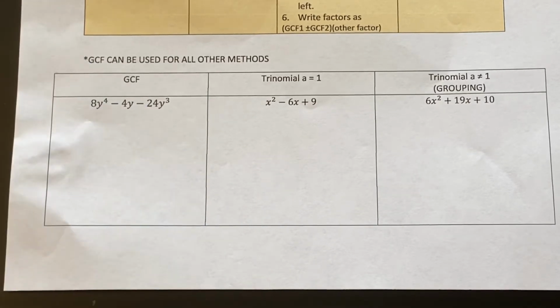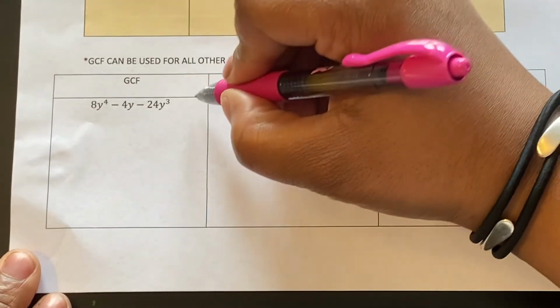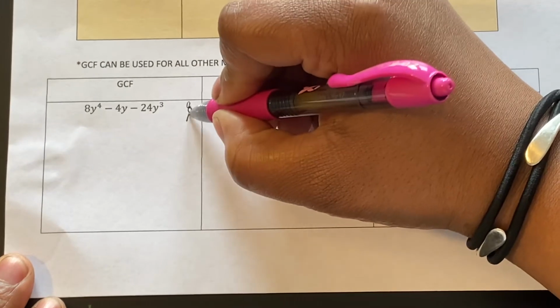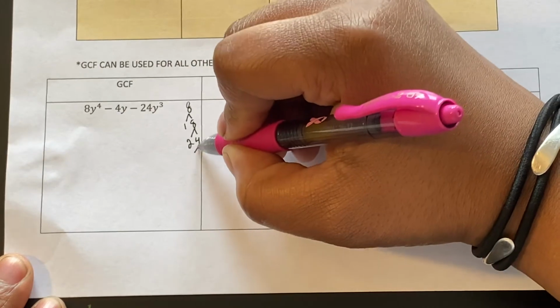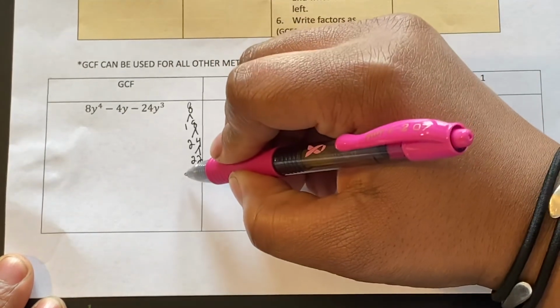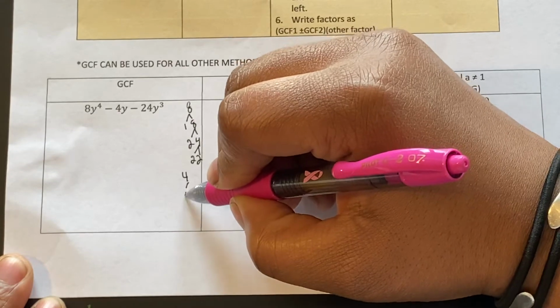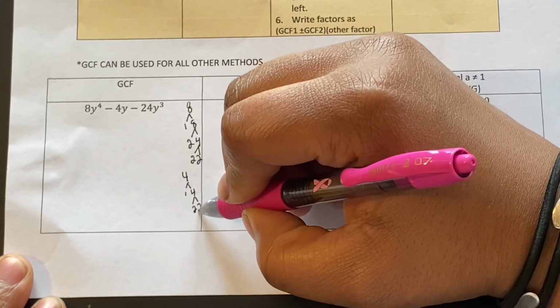Now, the GCF method. Here we have 8y to the fourth minus 4y minus 24y to the third. Now we need to say, okay, do all three of the numbers have a greatest common factor, or a largest common factor? Now, 8 has factors of 1 and 8, 4 and 2. 4 has factors of 1 and 4, 2 and 2.